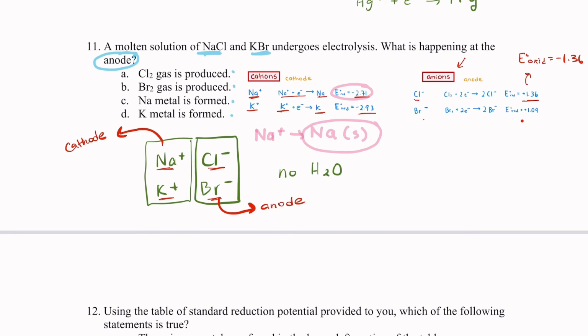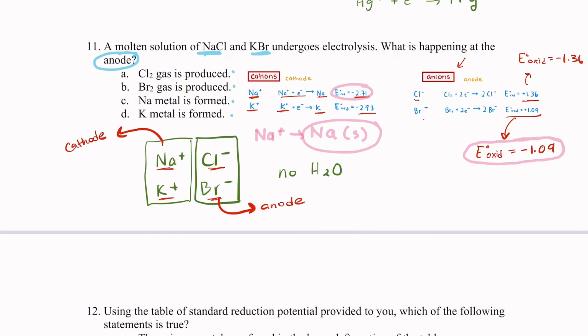Bromine has a listed reduction potential of plus 1.09 volts for bromine gas to bromide ions. So the oxidation potential for bromide to bromine gas is negative 1.09 volts. The easier oxidation is the one with the larger or less negative oxidation potential.